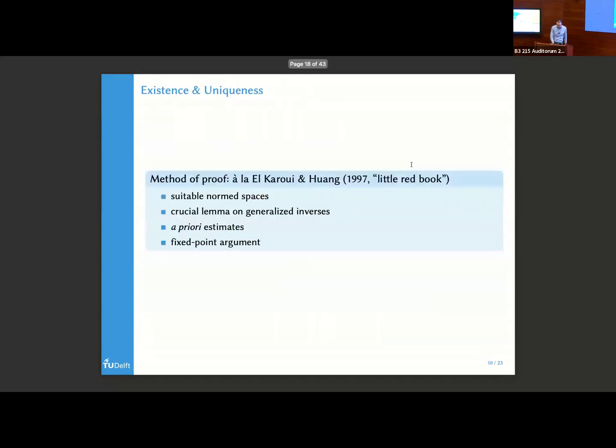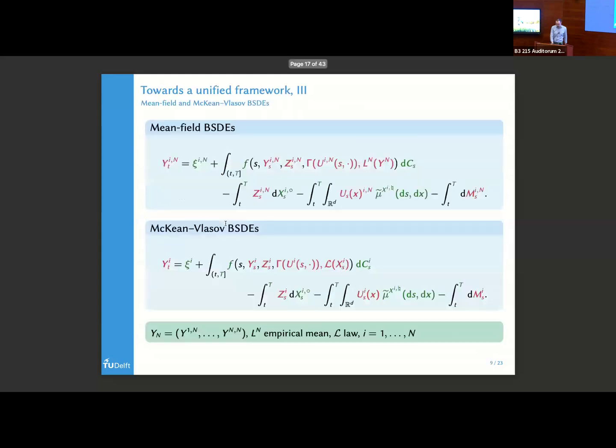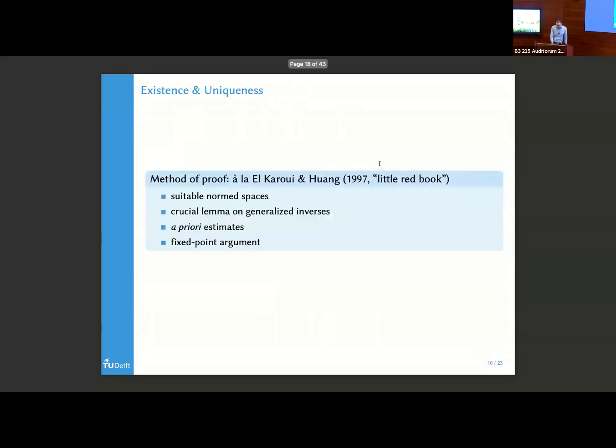You need to prove a priori estimates fitting to your BSDEs, and these are somehow different between the classical case and the mean field or McKean-Vlasov BSDEs. Here you would also need an assumption involving these measures, something like a Lipschitz assumption on the Wasserstein space. And then everything fits together by some fixed point argument.